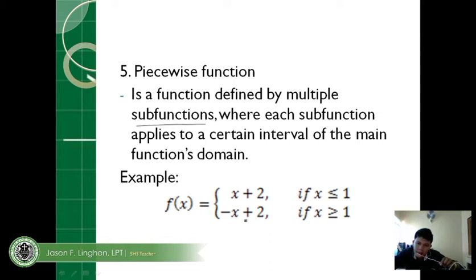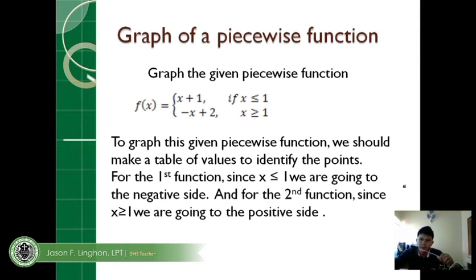So while here, sa ating negative x plus 2, if x is greater than or equal to 1. So meaning, yung graph ni negative x plus 2 is starting from positive 1 up to positive infinity. Okay, so graph of the piecewise function.